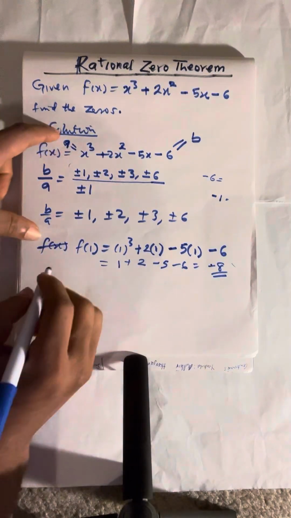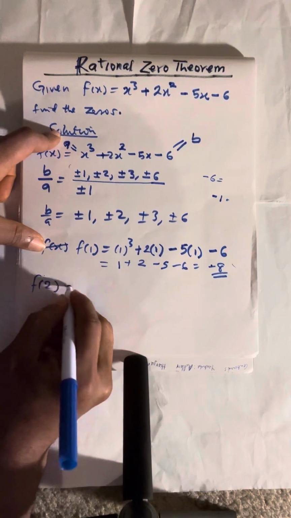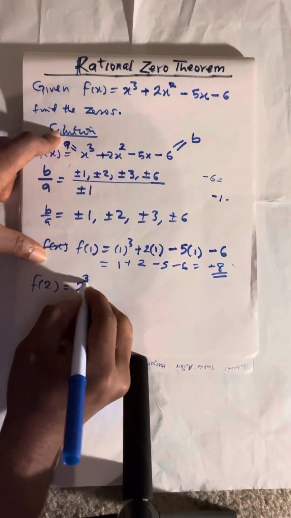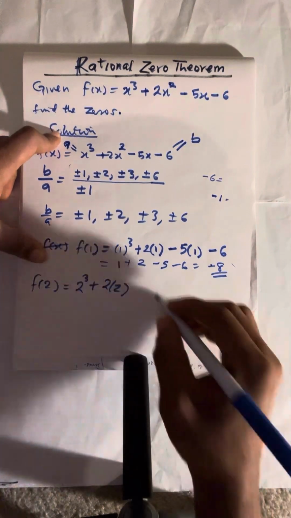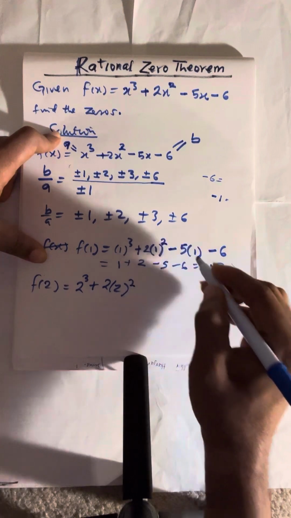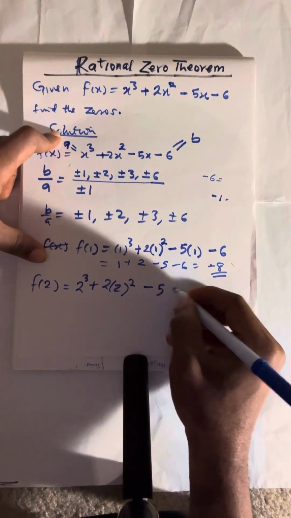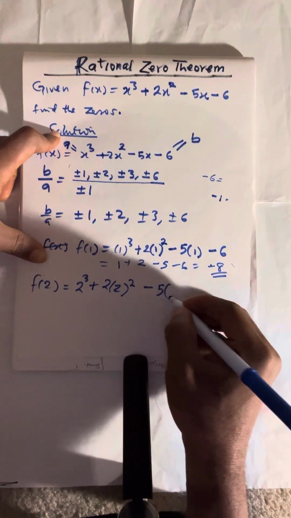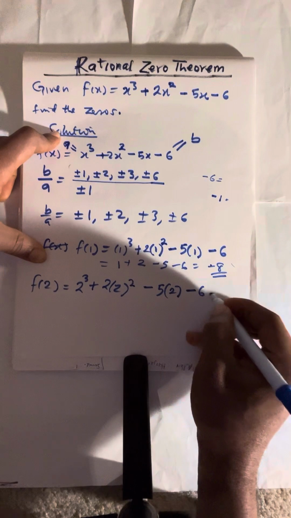Let's try another value, f of 2. We'll have 2 raised to power 3 plus 2 into brackets 2 raised to the power 2, minus 5 into brackets 2, minus 6.